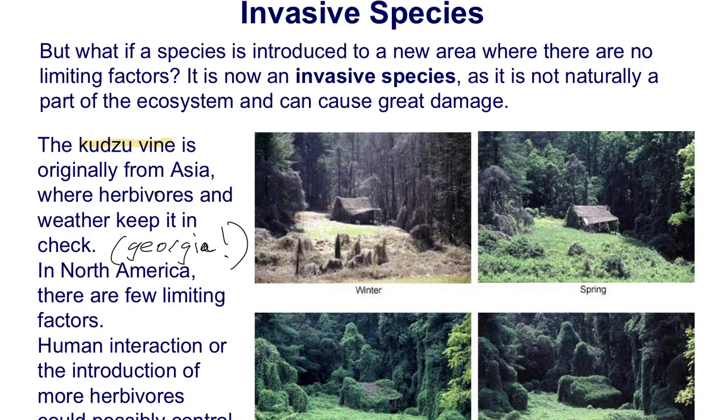Now, sometimes you have a stable population. What happens is some new species comes in, is introduced to your habitat, and they are a better competitor.